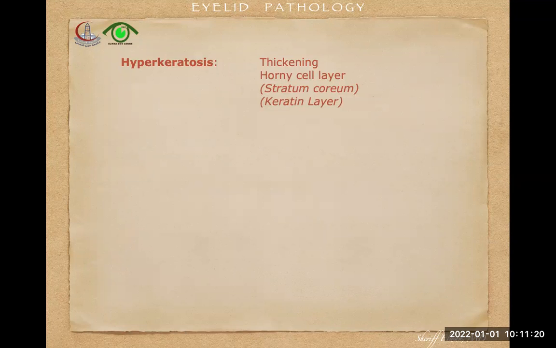So thickening of the stratum corneum is called hyperkeratosis. And if there is incomplete keratinization with nuclei of the cells retained in the keratin layer, this is called parakeratosis.